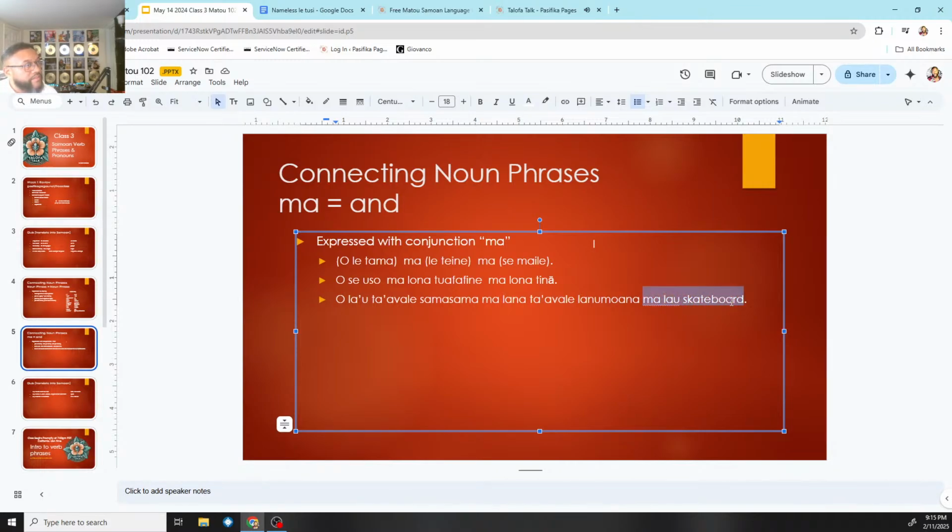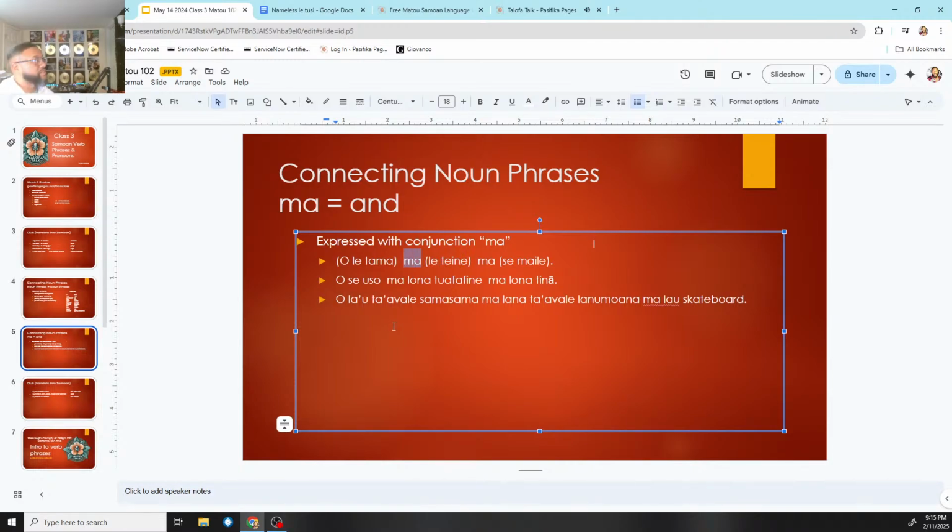So the main thing here, just to pick up, is the concept. We're connecting noun phrases that you should be learning, when you're identifying certain things, and we're connecting them with another noun phrase with the word ma. You can keep it simple.